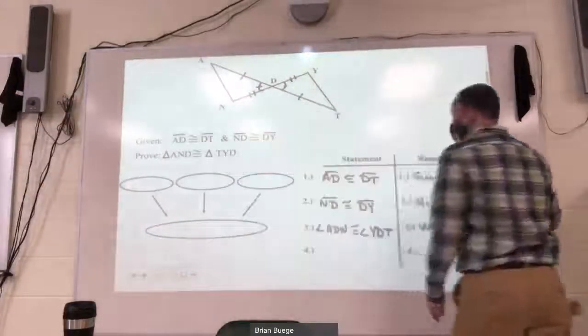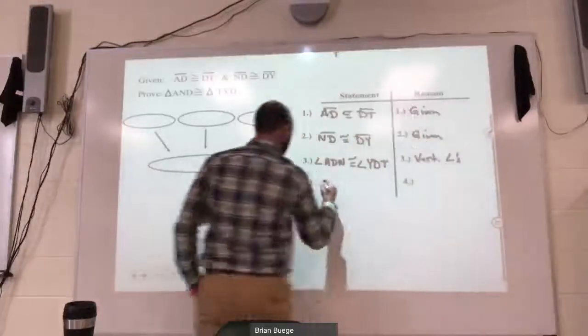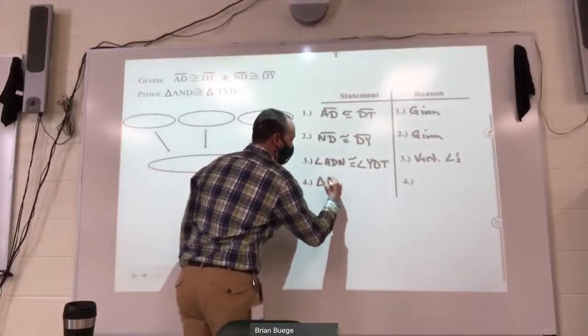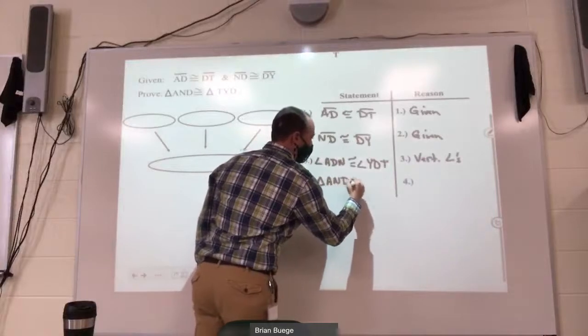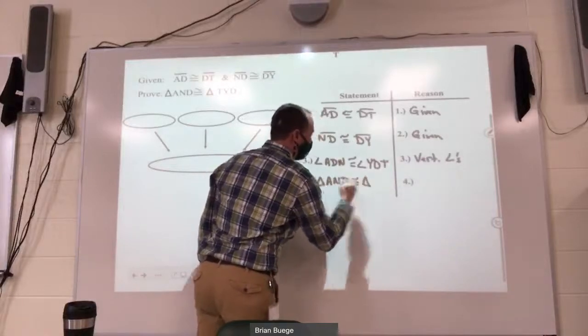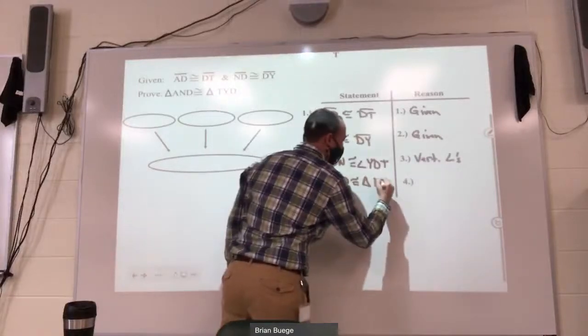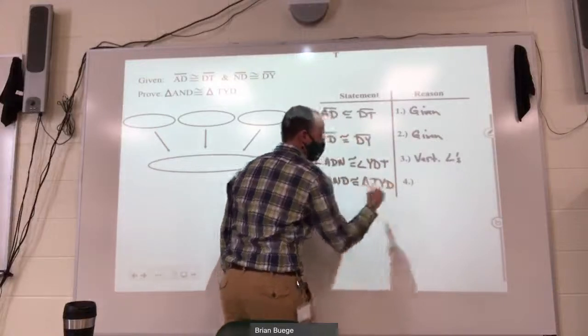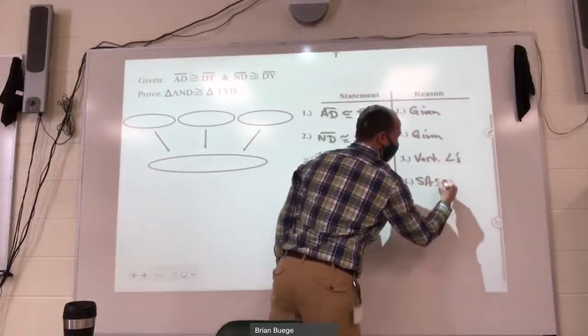Okay. So if we put that in here, triangle AND is congruent to triangle TYD by side, angle, side congruence.